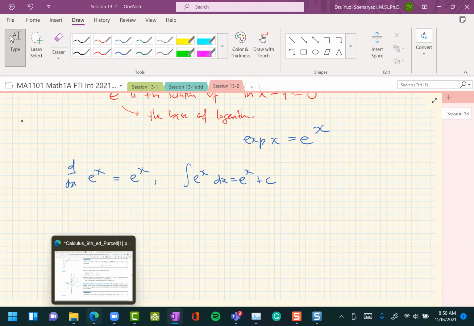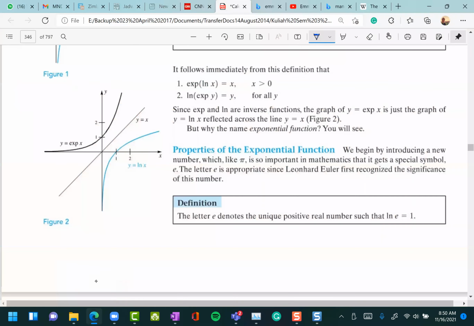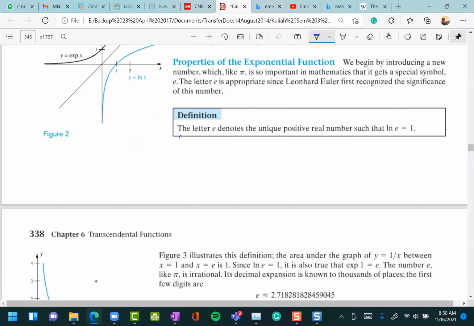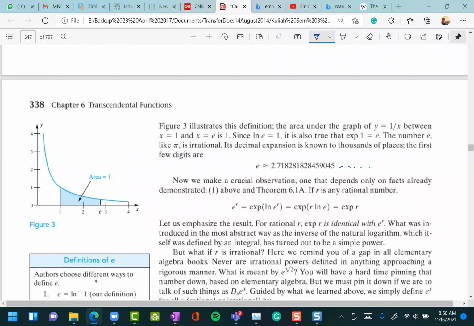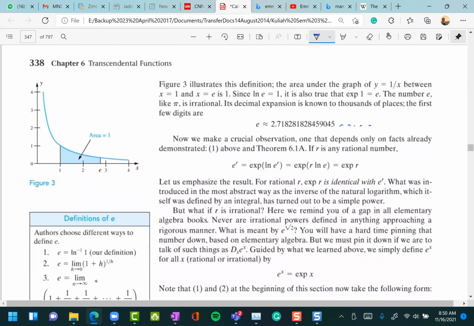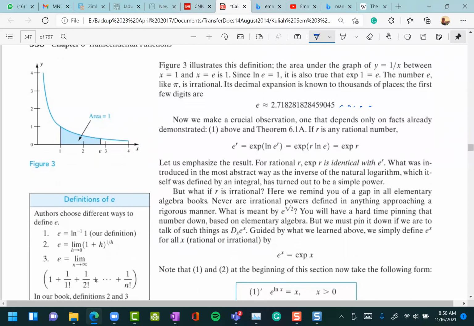Right, so let's do one more example. The letter E denotes the unique positive real number such that ln of E equals 1. The number E turns out to be irrational.